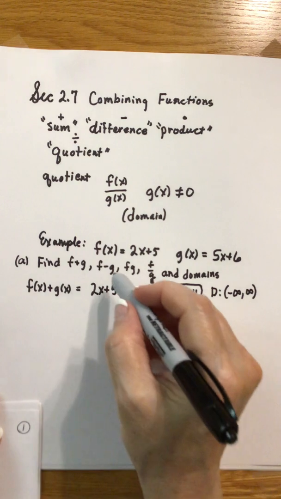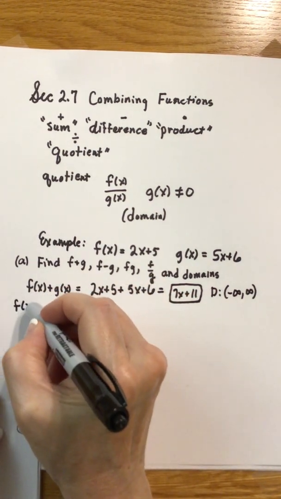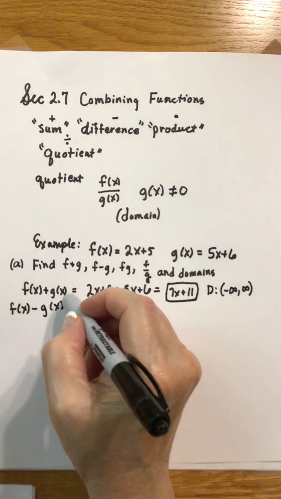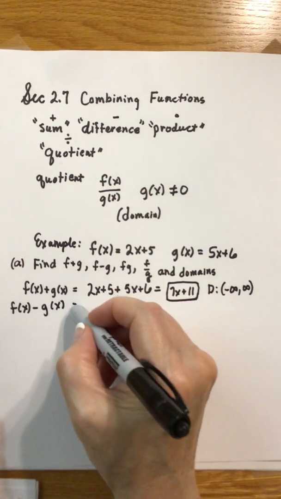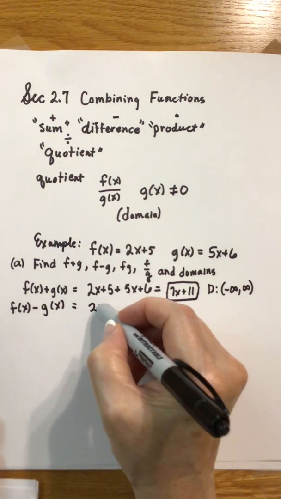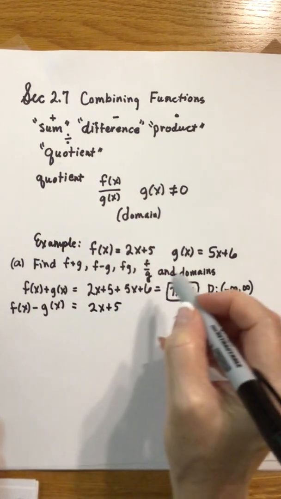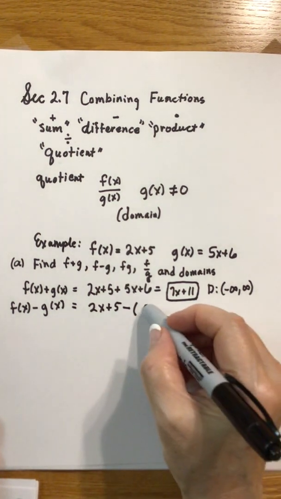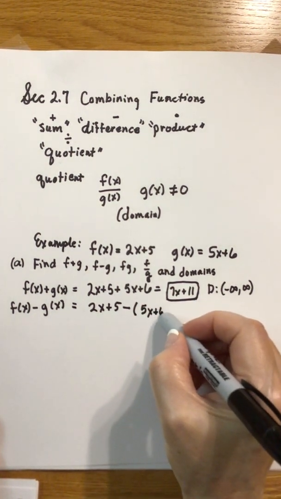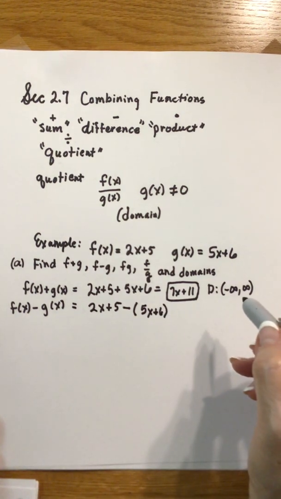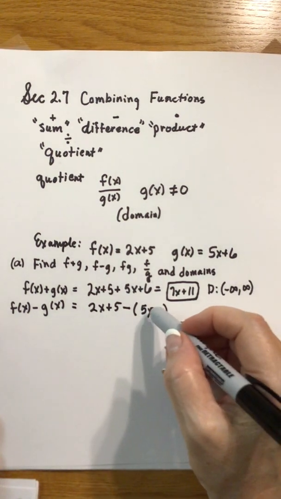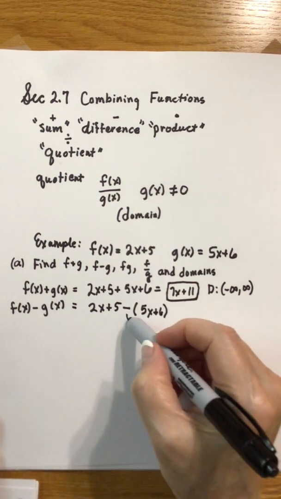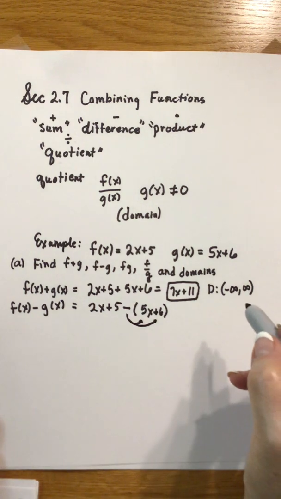All right, the second one it asks to find is f of x minus g of x. So we've got 2x plus 5, that's f of x, minus, now, notice here we're putting in parentheses this time. So 5x plus 6 is going to go inside of parentheses. So why do we do that? Well, we're subtracting the whole g of x, not just the 5x. So this negative sign is going to distribute into every term that's inside that parentheses.